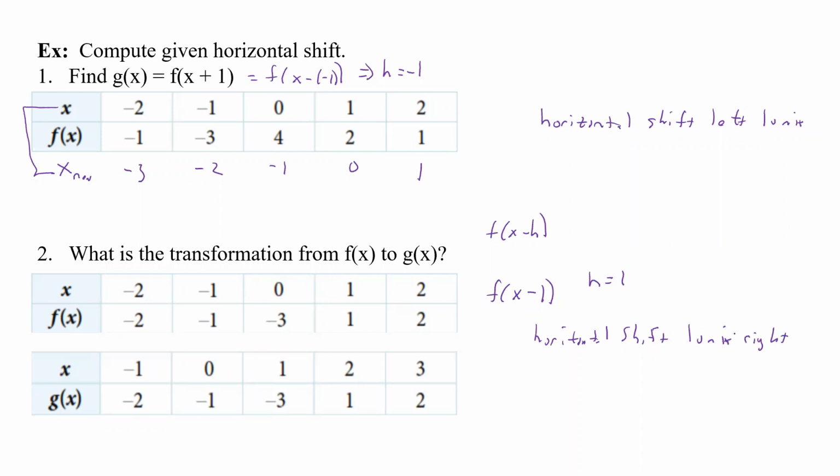Okay, so now we're going to go to the right 1 unit, and so that's what it would look like here, and that's what would be basically our g of x. Okay, so that's what we have to look at in table format.